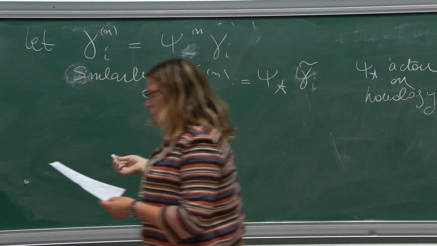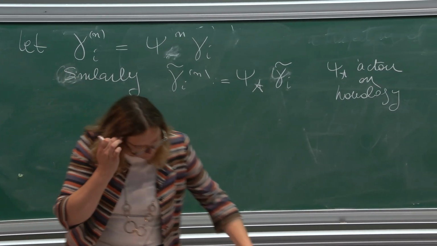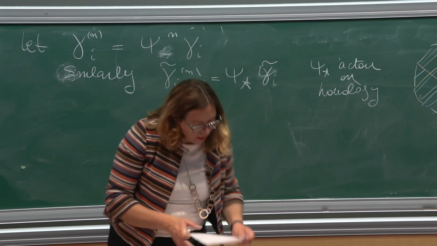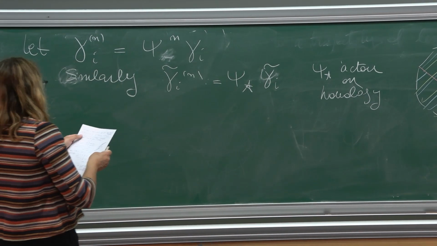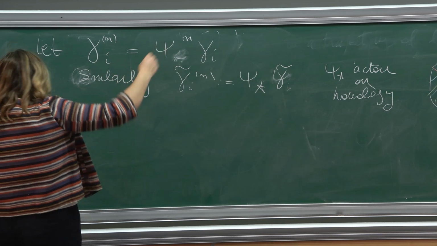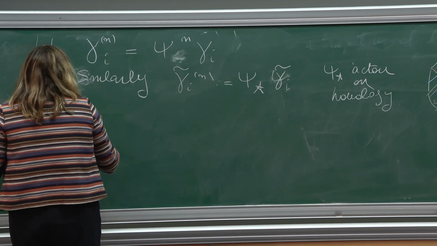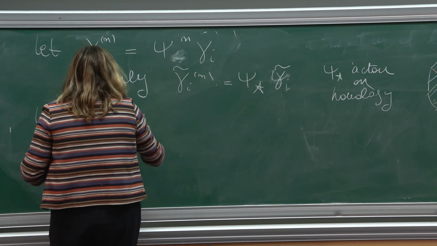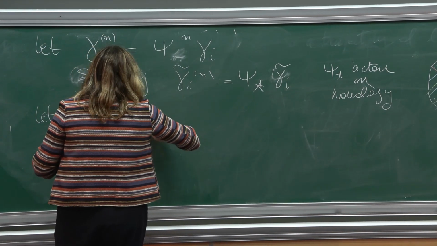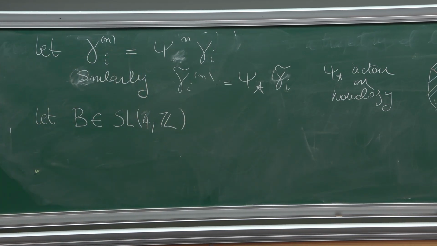So I want to record this action on homology. And if I do just one step of this renormalization, I can find a matrix B, which will be a 4 by 4 matrix. So it's in SL4 with integer, actually positive integer, entries.